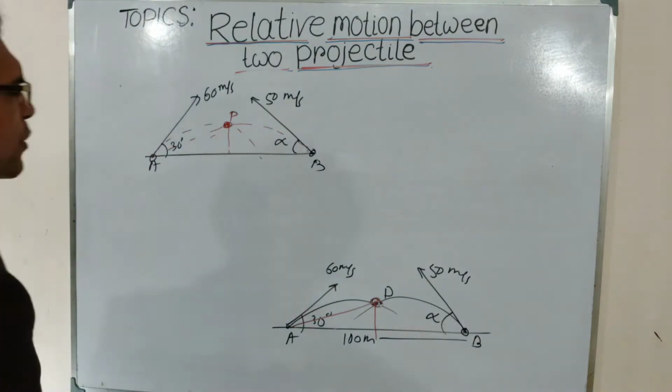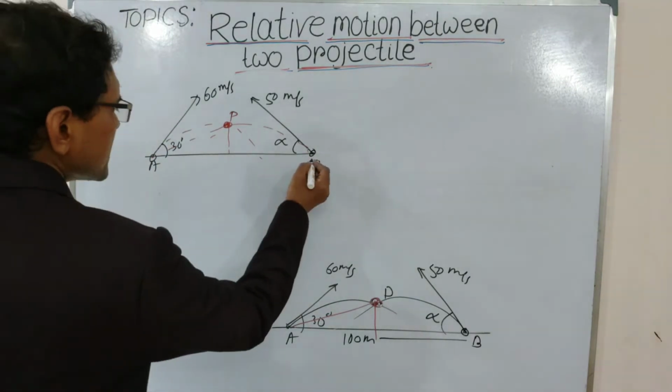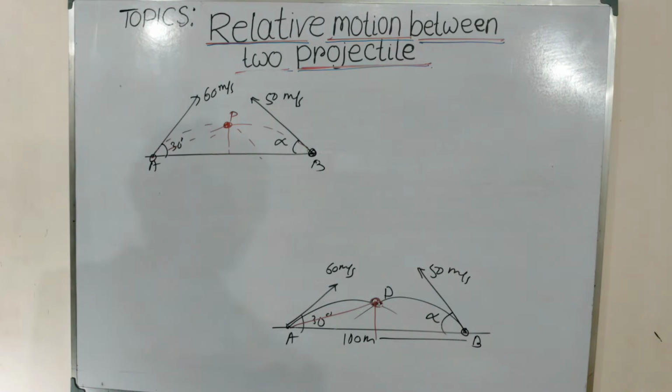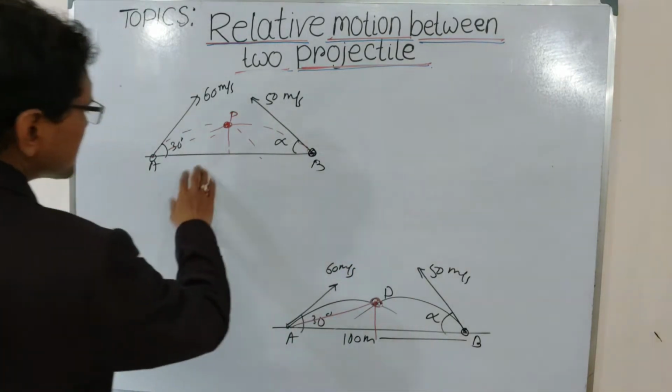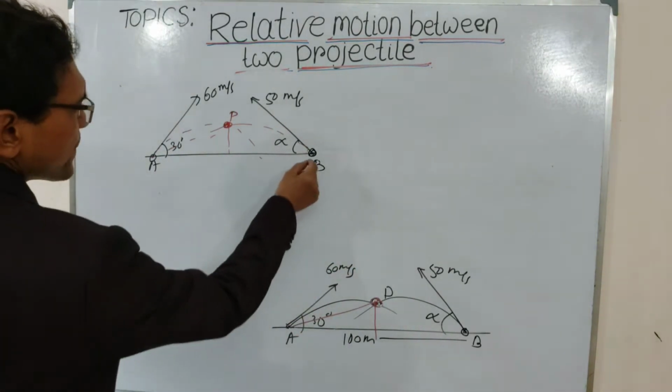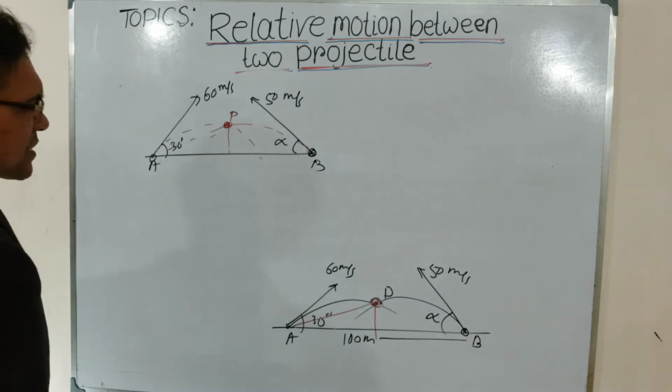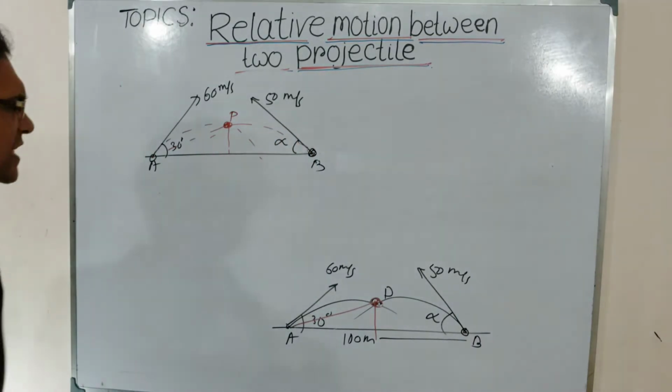Now to solve this problem, we always consider B as at rest. So to solve this type of problem, always keep the velocity of B at rest.